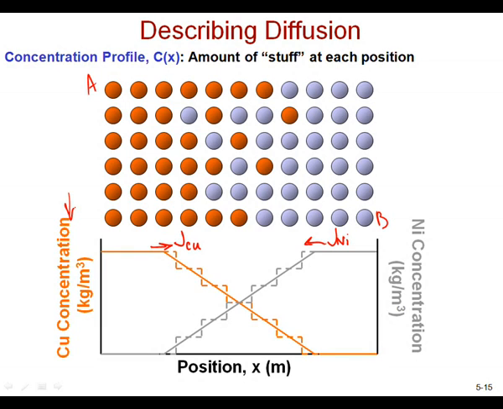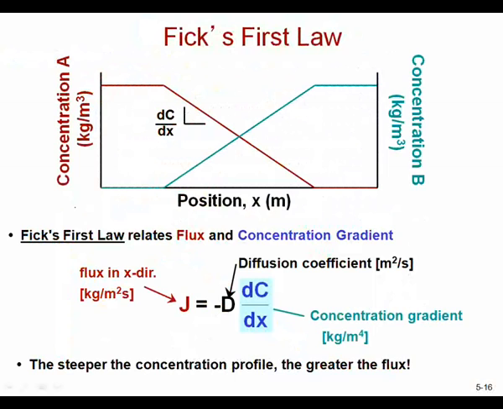So that's the first thing. Which direction is the flux happening? The second is what's the magnitude, right? So flux has a direction and a magnitude. Okay, so Fick's first law basically says, well, the magnitude of the flux is going to be proportional to how big the driving force is for diffusion.